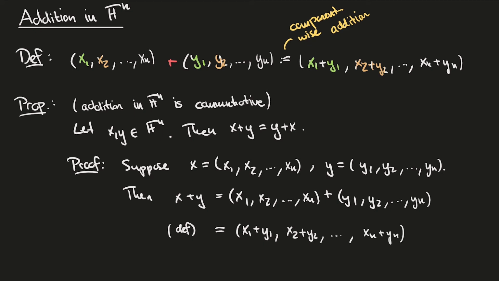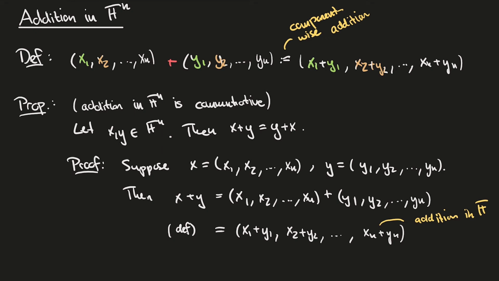And now we notice that the addition here in each component is simply addition in the field F. And addition in a field is always commutative, so in each component we can switch the order in which the terms appear.